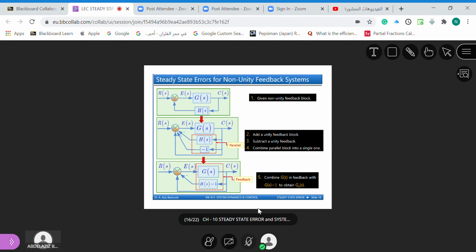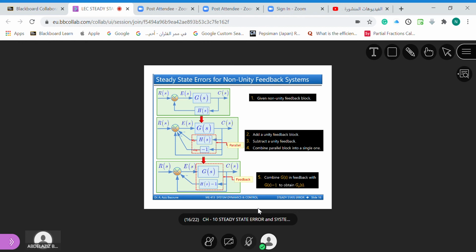Now we will combine this H of S and -1. We combine them in parallel. They are going the same way, in the same direction. We combine them in parallel, like this. So combining this in parallel, we will have the next step. This will be H of S -1, and they will be added together.